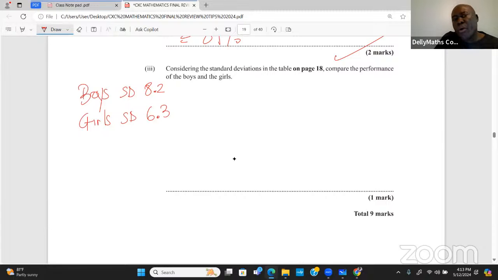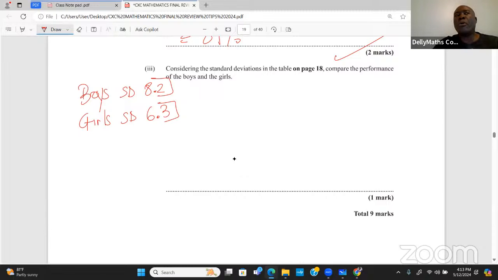So what happens is when you have a bigger standard deviation, it means that the scores spread out more between the range, right? So the scores would have spread out more from your mean score. And when your standard deviation is smaller, it means that everybody kind of performed closer to the mean score, basically.